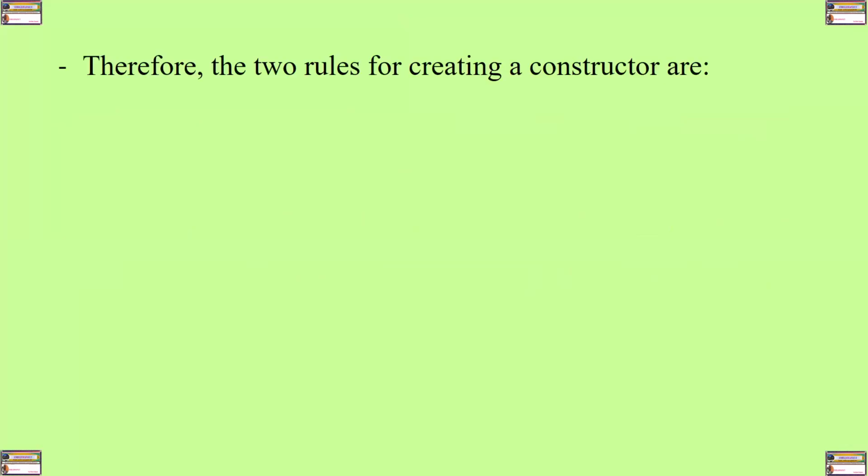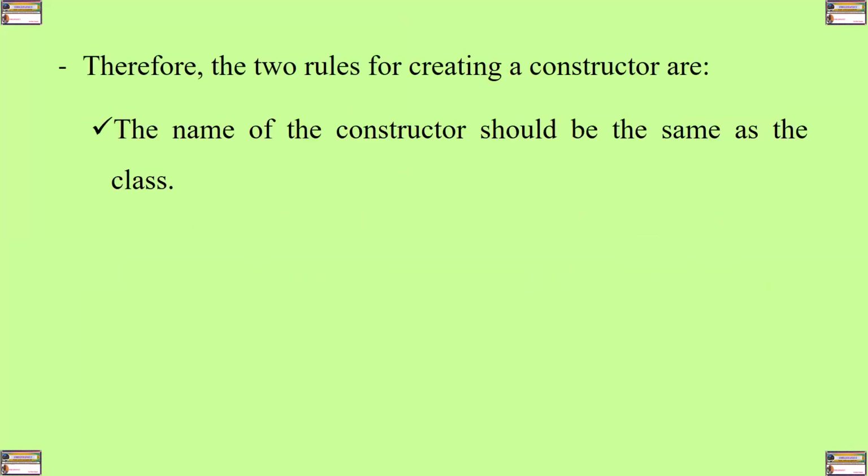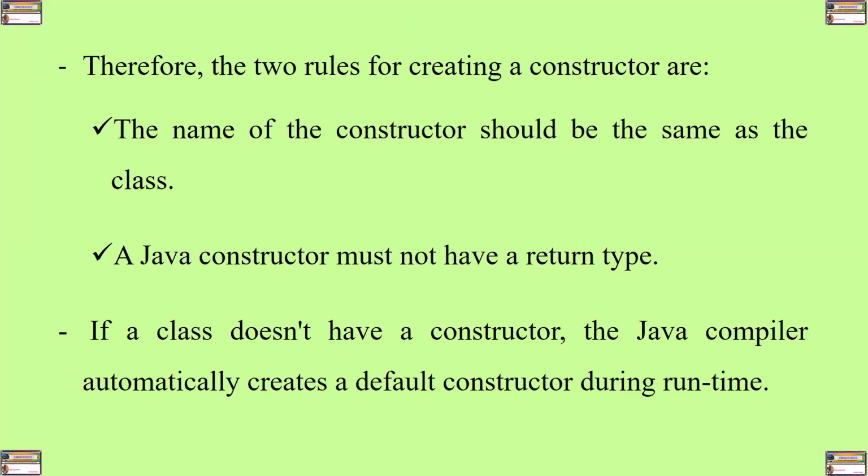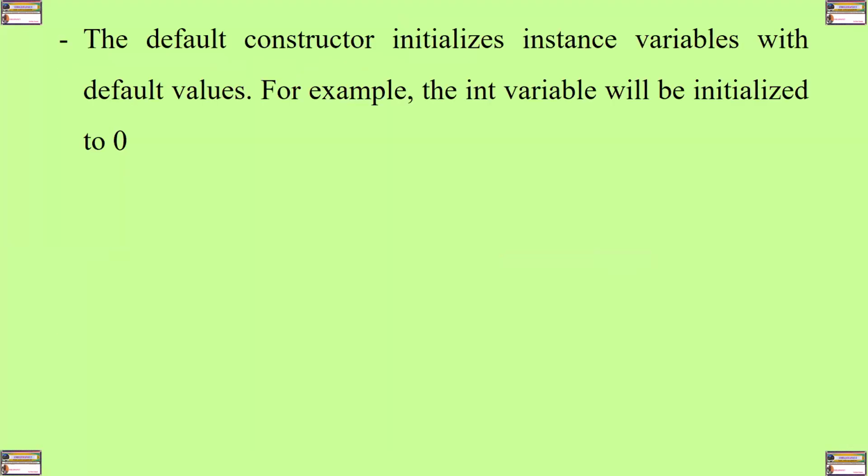Therefore, the two rules for creating a constructor are: the name of the constructor should be the same as the name of the class, and a Java constructor must not have a return type. If a class doesn't have a constructor, the Java compiler automatically creates a default constructor. The default constructor initializes instance variables with default values.